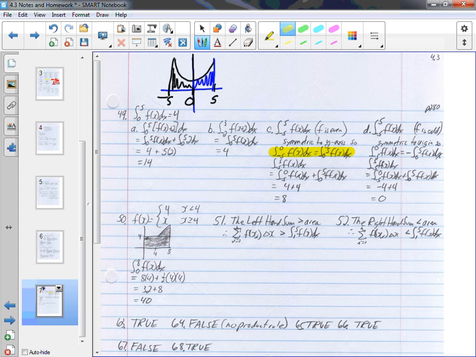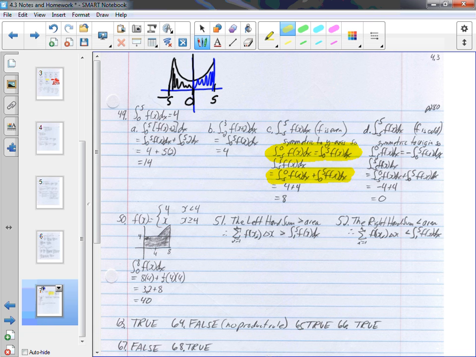So since I know what even means, and I know what symmetric to the y-axis means, then I can figure this out. I don't have to have a theorem. I don't need somebody to tell me. That means the integral from negative 5 to 5 can be written as the integral from negative 5 to 0 plus the integral from 0 to 5, both those being f of x dx.